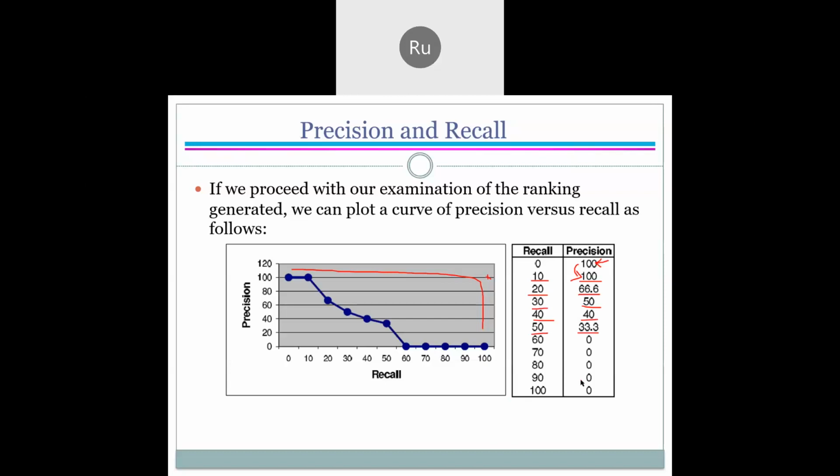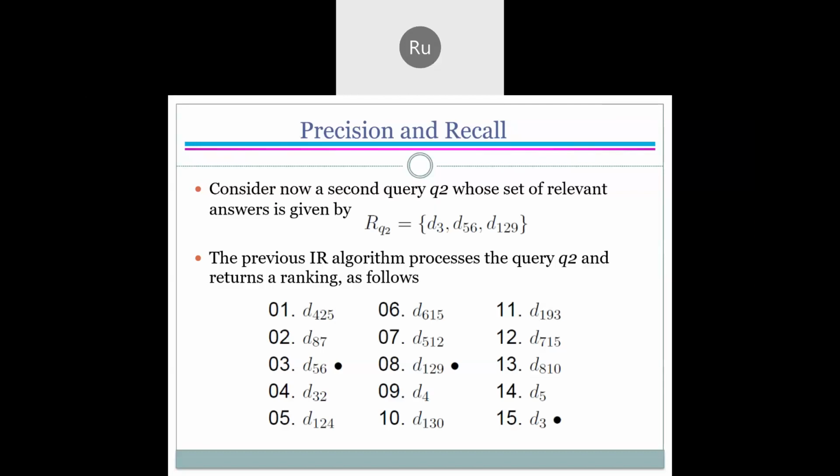Okay, let's suppose we have the next one. Now we have a different scenario here. This is the second example. Now for query number 2, we only have 3 documents which are relevant to query number 2.